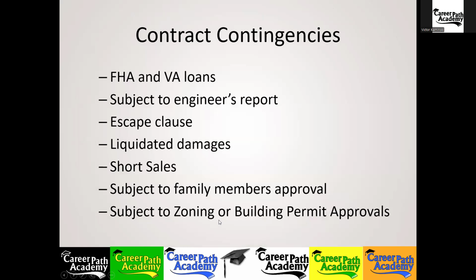Here's some examples of common contingencies added into sales contracts. There could be an FHA and VA loan contingency. We call it a special contingency clause. Basically says that if the house does not appraise for the purchase price, that the buyer can get out of the contract without penalty.